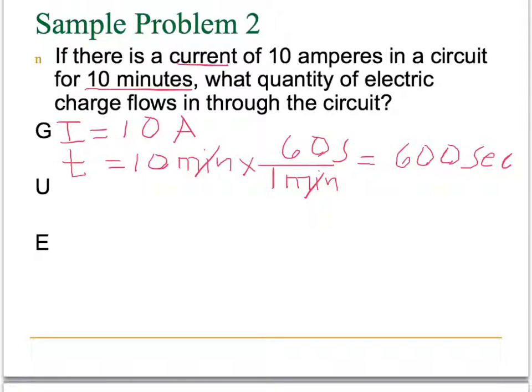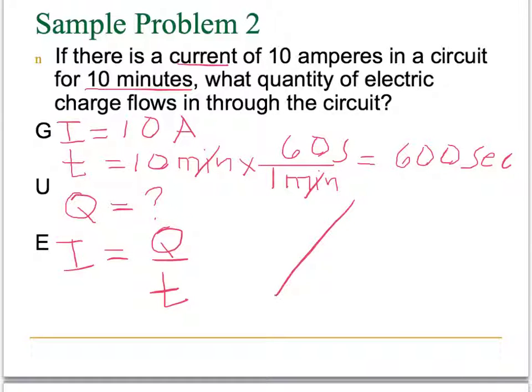So what are we looking for? We are looking for the charge. What is the symbol for charge? The charge is Q. So what would be the equation? By definition, go back to the original equation. I is Q over T. And you can again use your triangle and fit the variables inside.